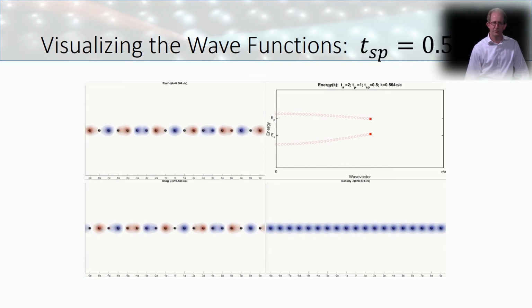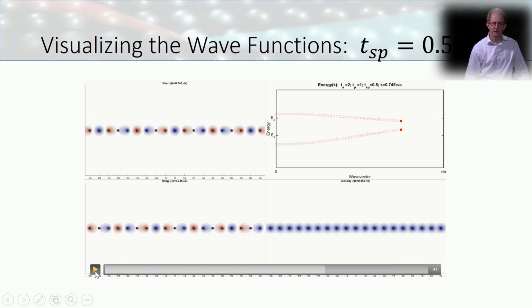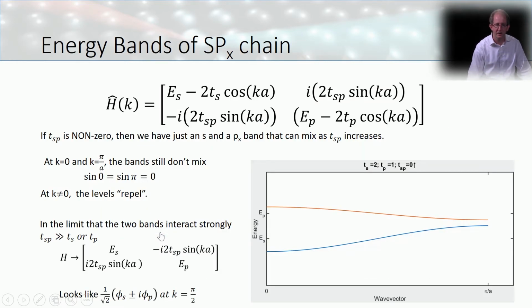All right. We're playing, we're going forward. And what I want you to notice is that we're getting some p-like character, and that p-like character is showing up primarily in the imaginary component. If we actually go back here in our Hamiltonian, our mixing is purely imaginary. Now this is going to get multiplied by a plane wave that has a real and imaginary component, so some of that's going to come back into the real part of the wave function.